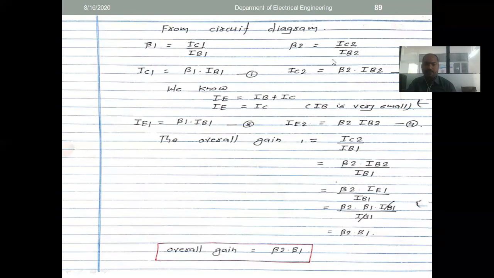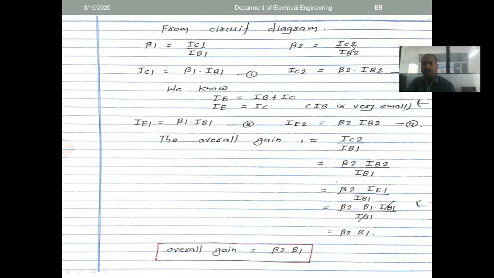So for that purpose, when we have to calculate the same thing with respect to collector current 1, IC1 equal to beta 1 into IB1, right? IC1 equal to beta 1 into IB1. So value of collector current 1 is nothing but beta times of IB1. Okay, so for the beta 2 we know that beta 2 equals IC2 divided by IB2.